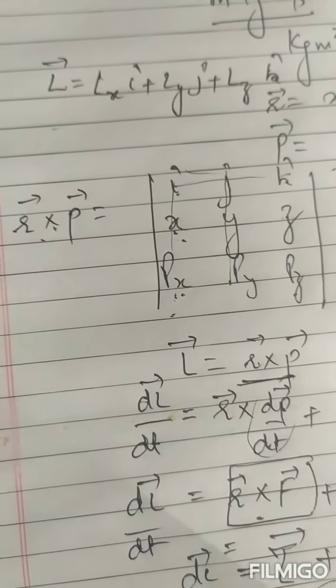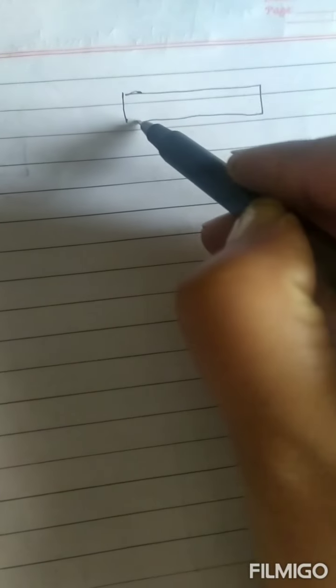Next is equilibrium of rigid bodies. Rigid bodies means, see, any body, like if this rod is there, it has 2 kinds of motion. It can have translatory motion. It can move like this. If we apply force in the downward direction, it will start moving in this direction. That is called translatory motion. Then it can have rotatory motion also, about its edge or about its center.